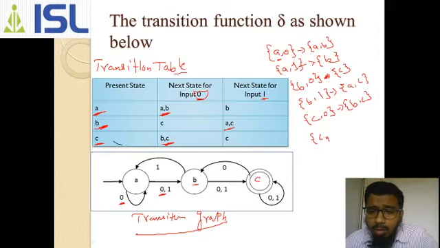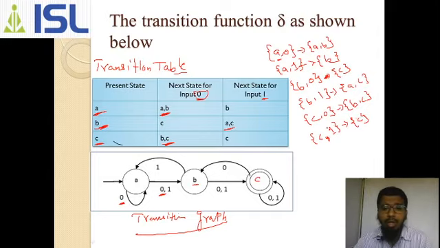What are we getting? We are getting C. So C goes to C when the input is 1.